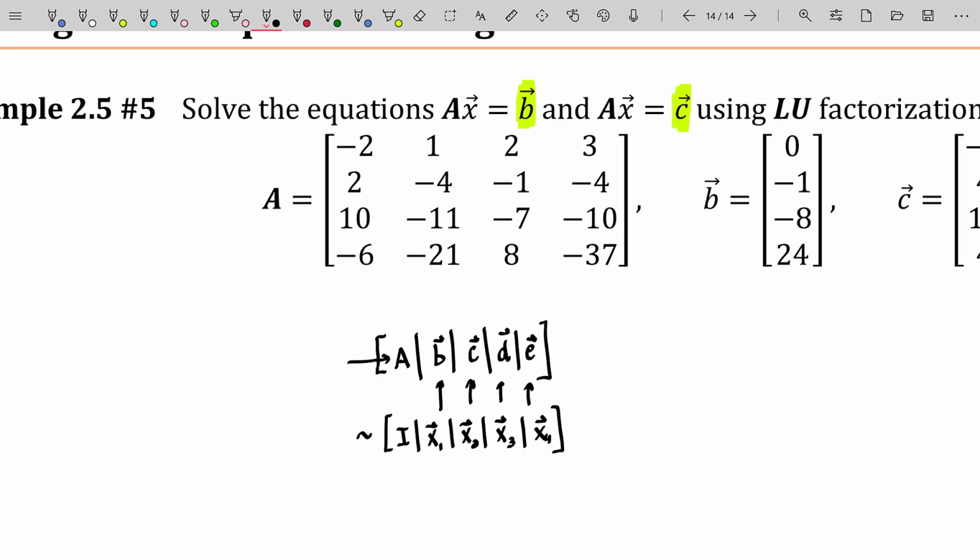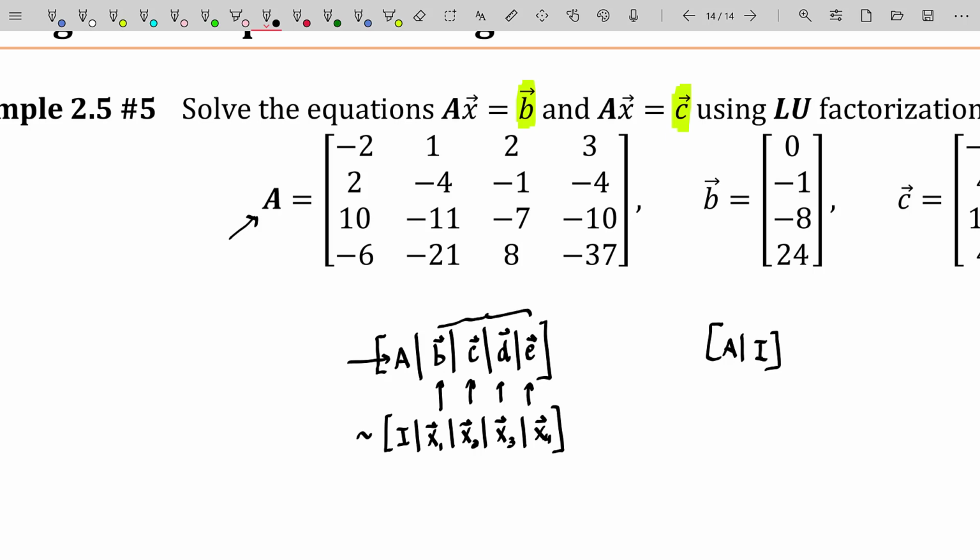Your other option is to initially find the inverse of A. However, finding the inverse of A means you're augmenting A with the identity matrix, and that identity matrix has 4 columns. So it's basically the same thing as this.